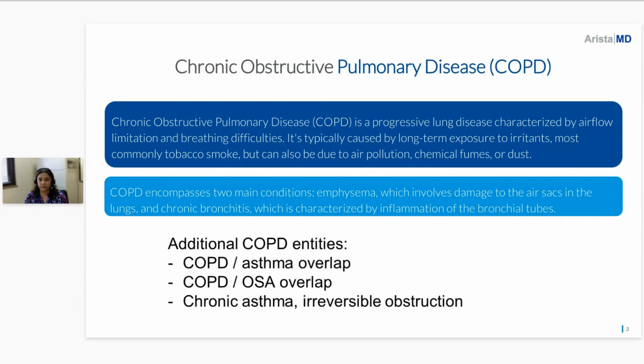COPD asthma is an overlap syndrome that we see commonly with patients who have fixed obstruction in their pulmonary physiology, but also have significant improvement of their bronchospasm with bronchodilators. We have patients with a COPD and obstructive sleep apnea overlap. In these patients, they have the obstruction that comes with COPD, which is an expiratory obstruction.